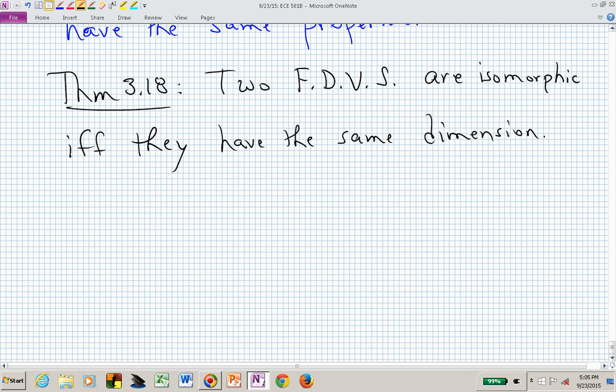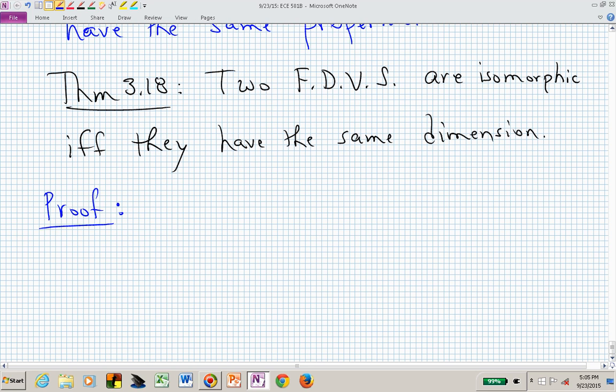Now, how would we prove that? What's maybe a key word to look at in that theorem or in that statement that might guide our proof? What's a key word in that two finite dimensional vector spaces are isomorphic if and only if they have the same dimension?